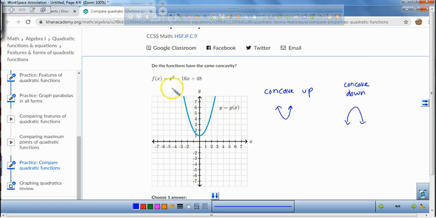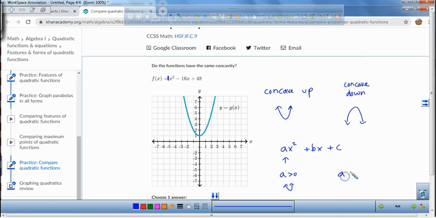Alright, so g of x definitely opens up. F of x also opens up, so they do have the same concavity. They both open up. Our a value is 1, which is a positive number. And I'm going to write down if a is greater than 0, ax squared plus bx plus c. If the a value right here is greater than 0, which means it's positive, it opens up.